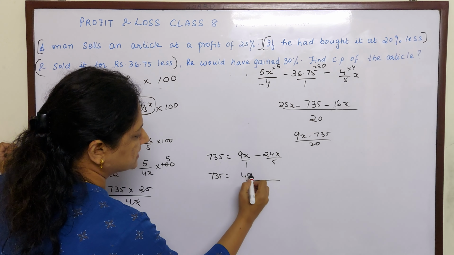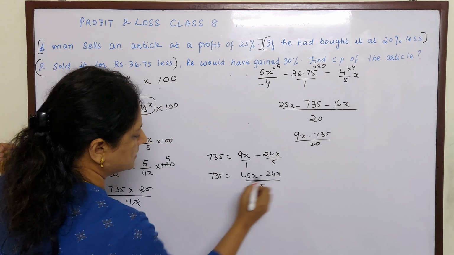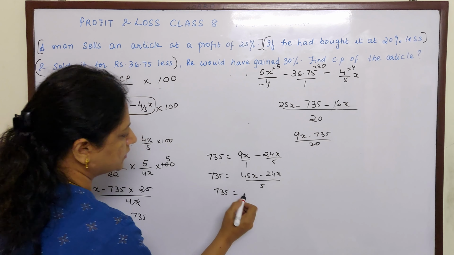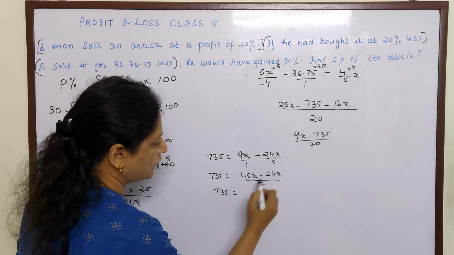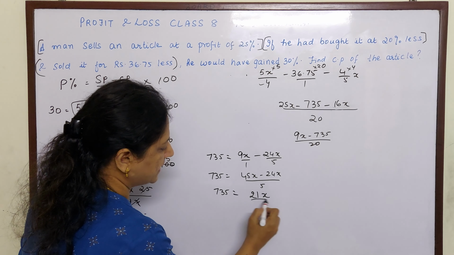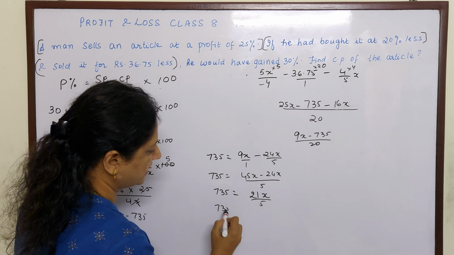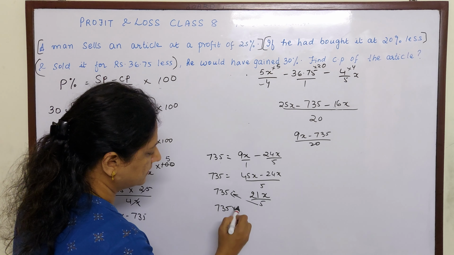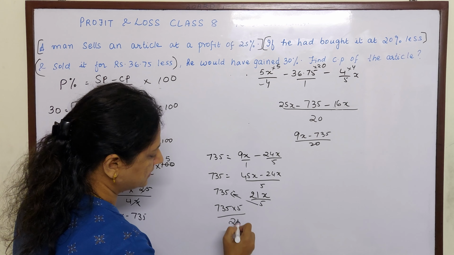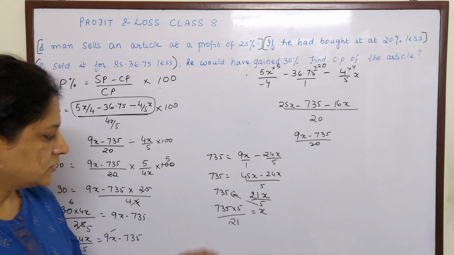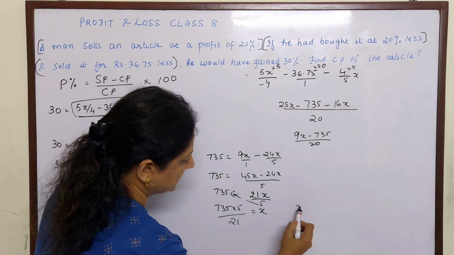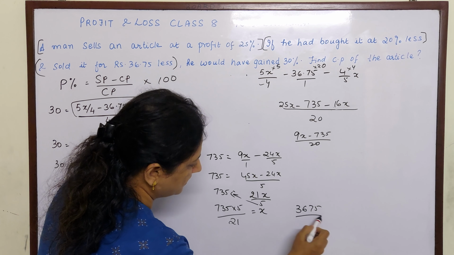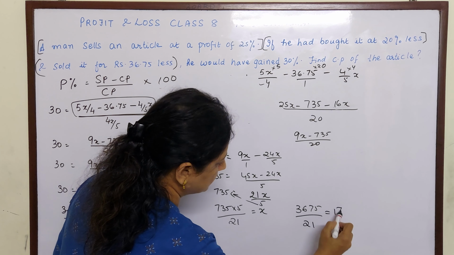So 45x minus 24x, so 735 is equal to 21x by 5. 735 into 5, and 21 if I bring it here. Okay, so if I do the cancellation, it will be 3675 by 21, which is 175.